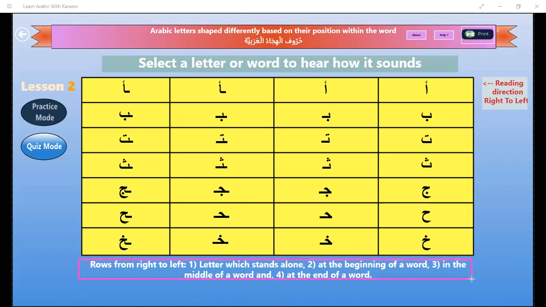Where I have my pink box down, you have rows from right to left. One, they are the letters when found in a row. Two, at the beginning of the word, the way they appear. Three, the way they appear when they are in the middle. And four, the way they appear at the end of the word. Okay, so that's it.